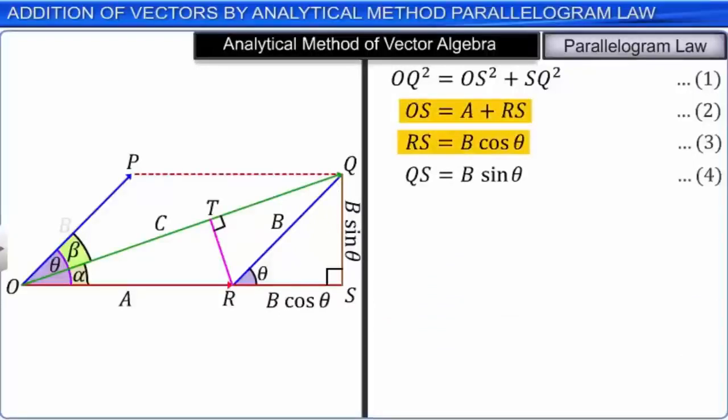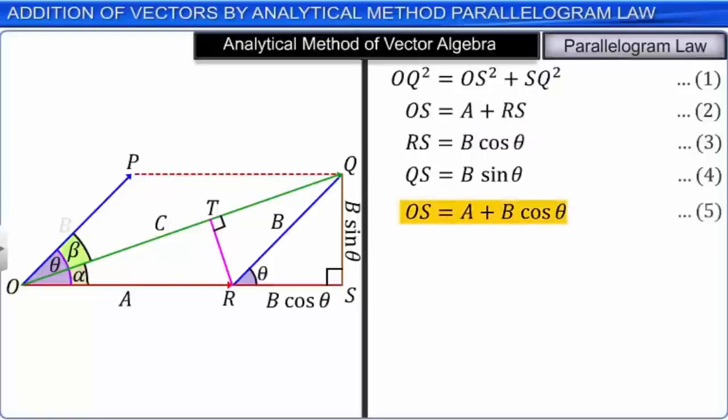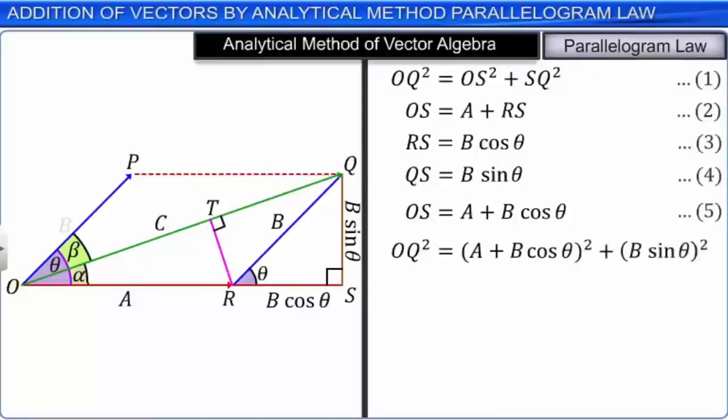We get OQ square is equal to (A plus B cos theta) the whole square plus (B sin theta) the whole square, is equal to A square plus (B cos theta) the whole square plus 2AB cos theta plus (B sin theta) the whole square, is equal to A square plus B square (sin square theta plus cos square theta) plus 2AB cos theta.